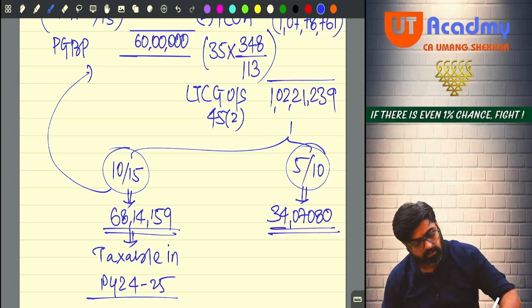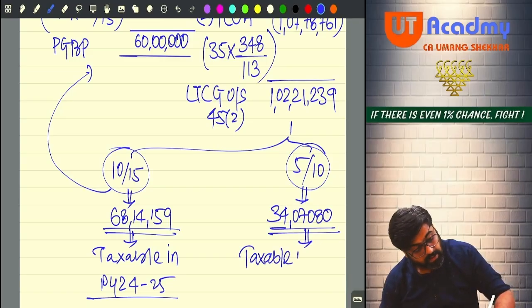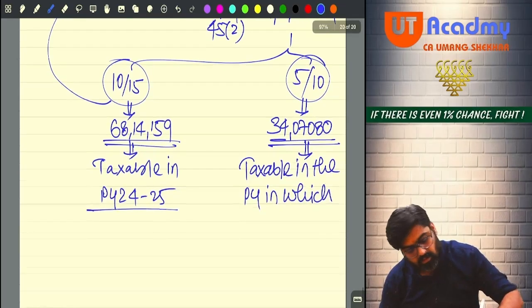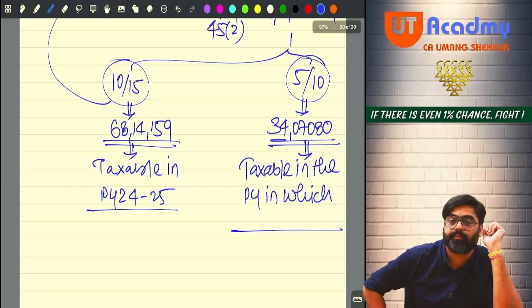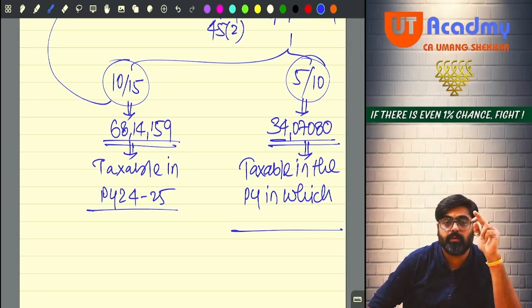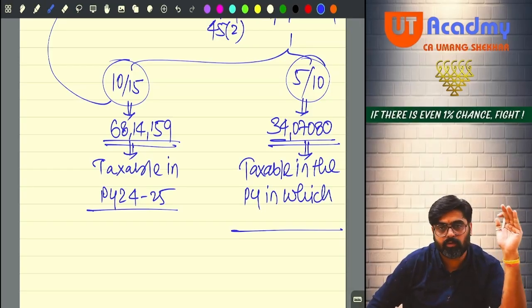This much will be taxable in the previous year in which, fill in the blanks, the remaining 5 flats will be sold.